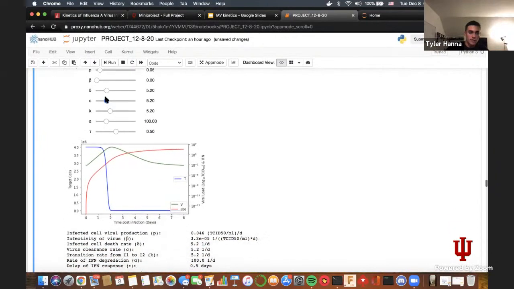The parameter C, our clearance rate. By increasing the clearance rate, we'll see similar results. The infection is going to be prolonged, and the viral load is going to reach a lower value, as well as the interferon value. And decreasing will do the opposite.